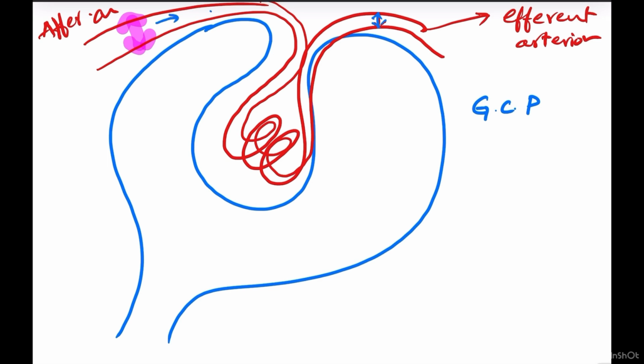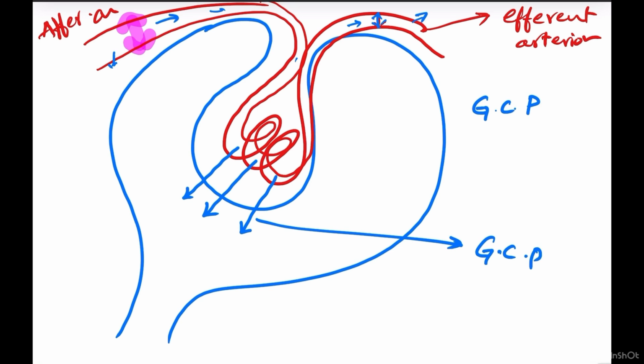When the blood comes here, it comes a little slowly, and here it goes very fast because the diameter is very narrow, whereas here it is much broader. So the pressure is created downwards in the blood capillary, and this is the GCP, glomerular capillary pressure, around 60 mm of Hg. This is what we consider the favored pressure.